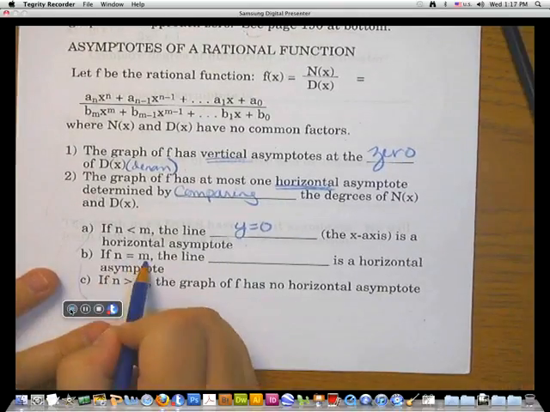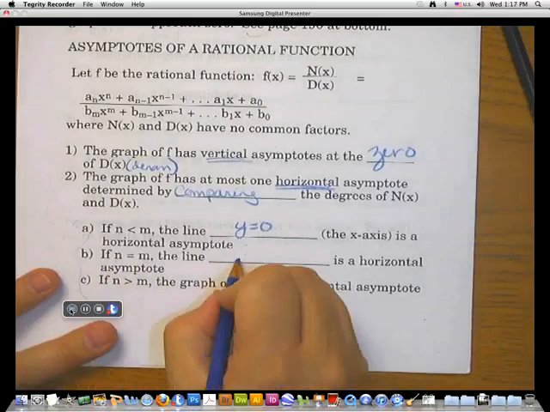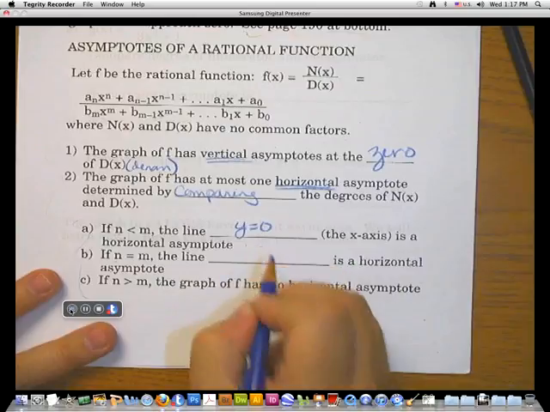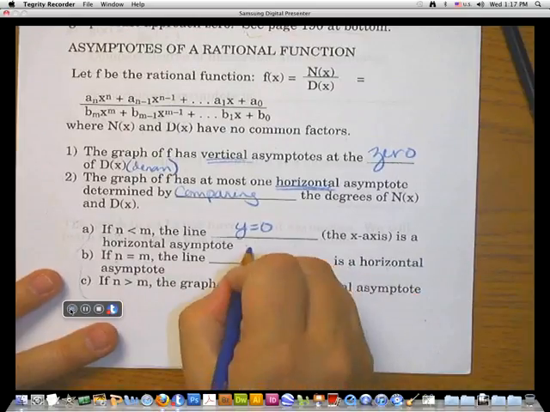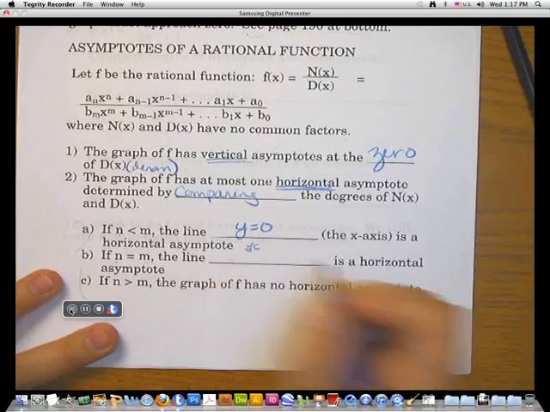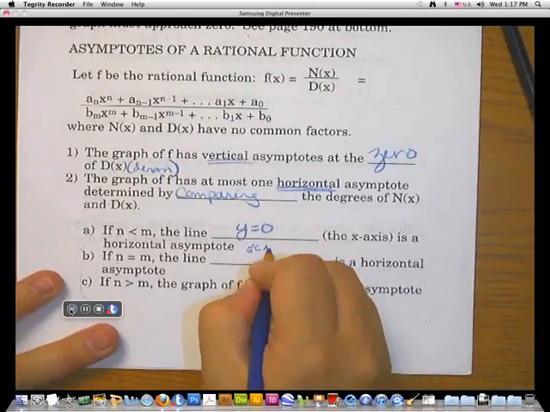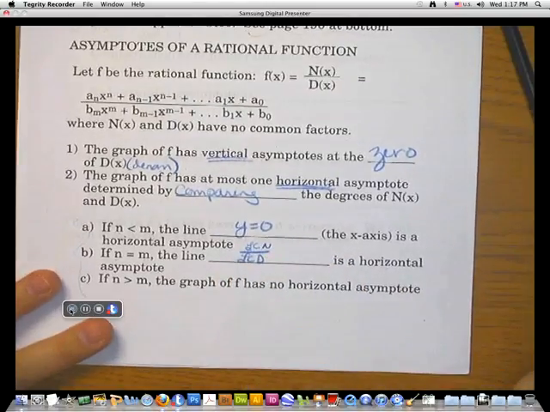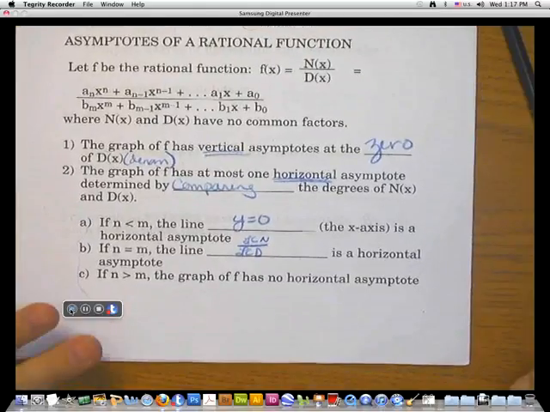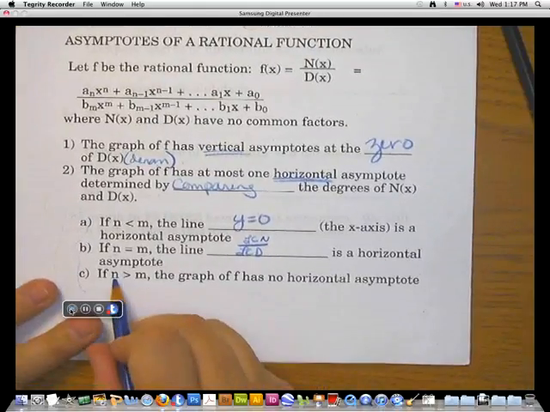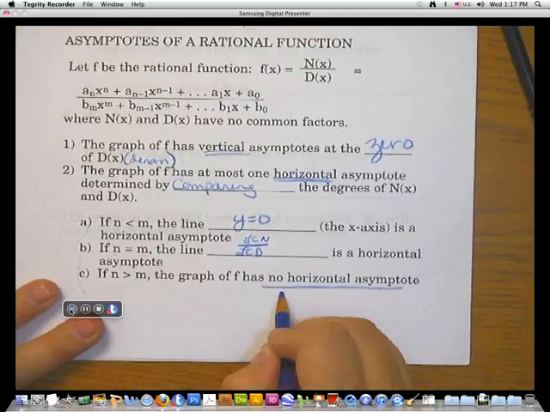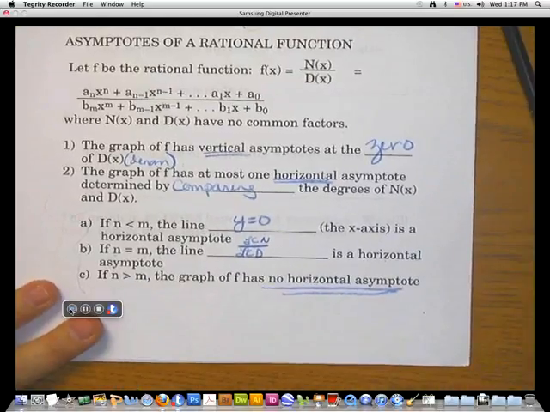If the degrees are the same, then we say the line has a horizontal asymptote at the fraction of the leading coefficient of the numerator over the leading coefficient of the denominator. And if the degree of the numerator is larger than the degree of the denominator, there is no horizontal asymptote.